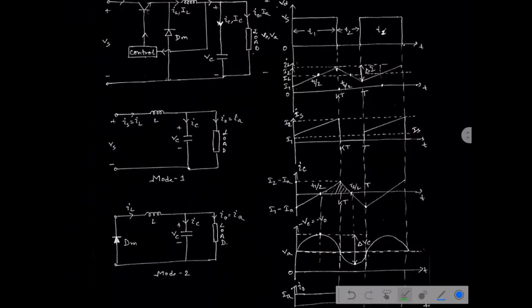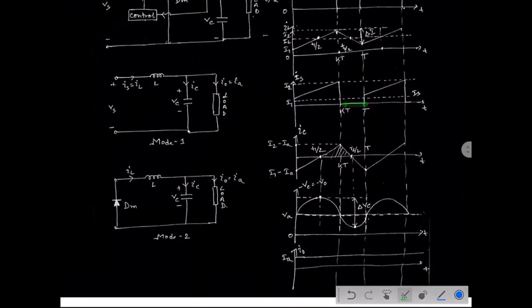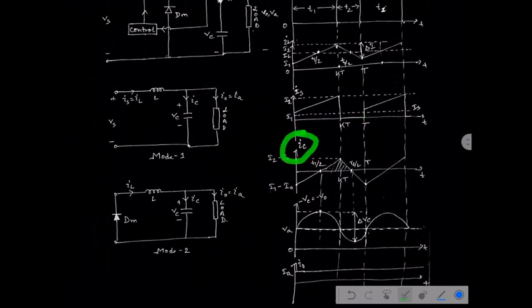See, this is the output voltage waveform. This is the inductor charging and discharging current. This is IS, present in the first mode of operation, and 0 in the next mode. Then go through IC, the capacitor current, which I explained before: I1 minus IA, and I2 minus IA, are the charging and discharging. The respective capacitor voltage we can define by this waveform, and this peak to peak ripple voltage is, suppose, del Vc.